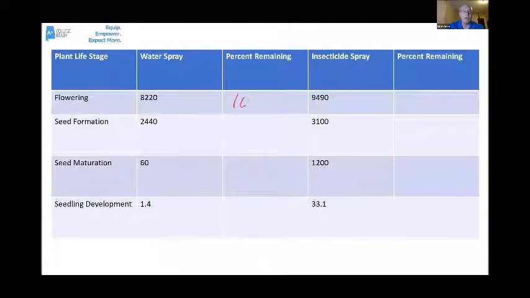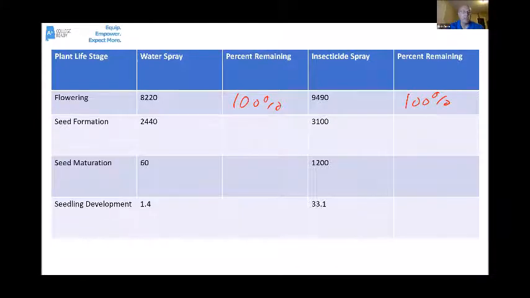Here, all of them are remaining, right? Because we haven't done anything yet. But then as they age, a lot of them die. When they enter the seed formation stage, only 2,440 of the original plants are still alive.